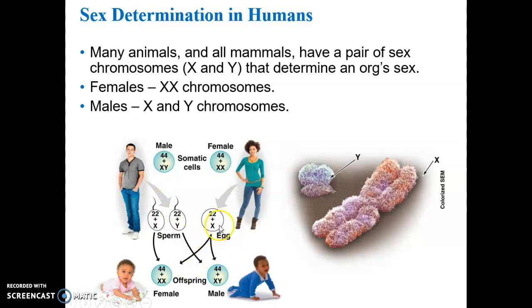Just follow the pattern here. The female egg is X. If it gets fertilized by an X-containing sperm, the baby is going to be female because she's XX. If the X-containing egg gets fertilized by a Y-containing sperm, the offspring is going to be XY, male.